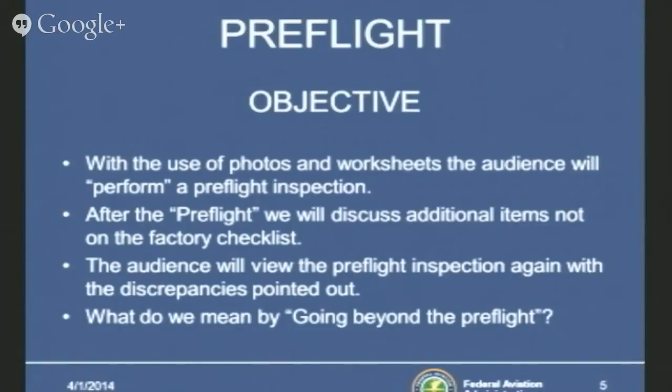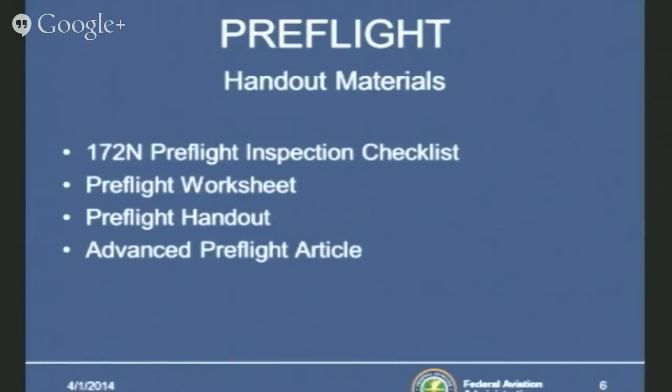And we're going to discuss what is meant by going beyond the pre-flight. Some of the materials you should have in front of you for the audience that's here is the 172N pre-flight inspection checklist. You'll have the pre-flight workshop, pre-flight handout, and an advanced pre-flight article. That article is just for your information to review at your convenience.